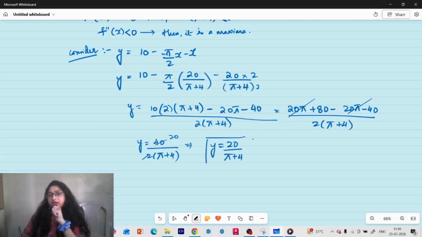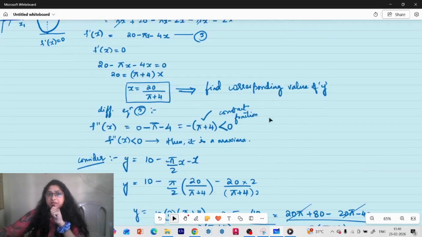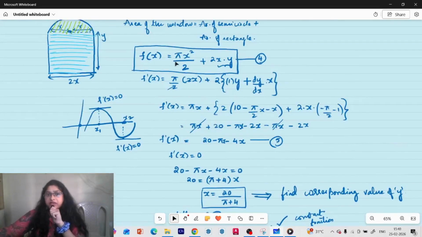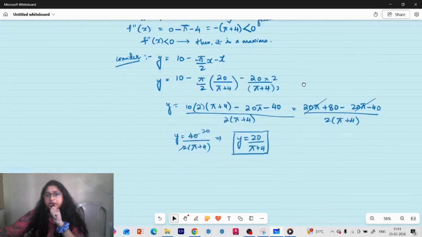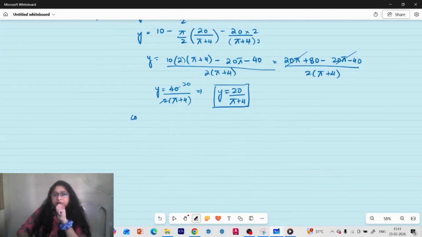So now that you have both x and y values, we will substitute it in the area function, area of the window f of x. So now we are going to consider equation 4.